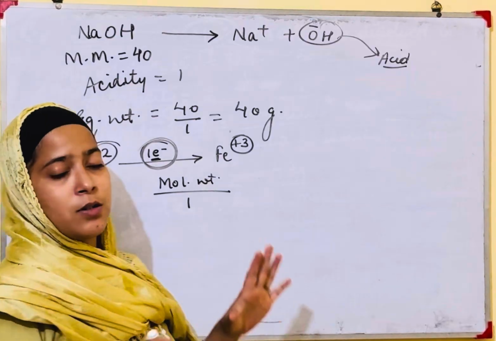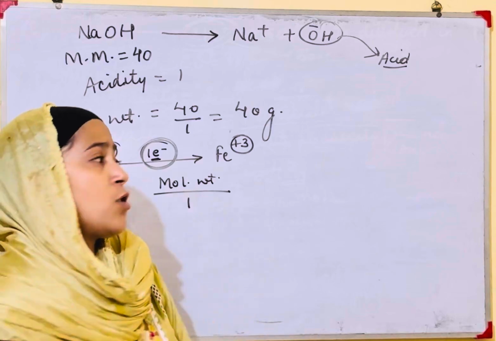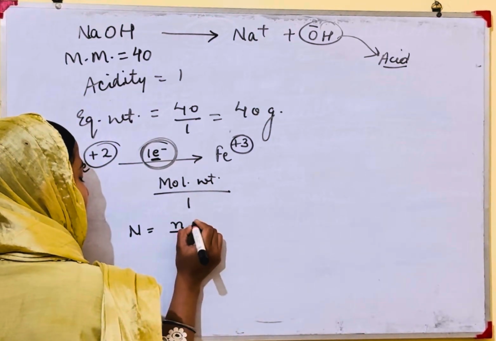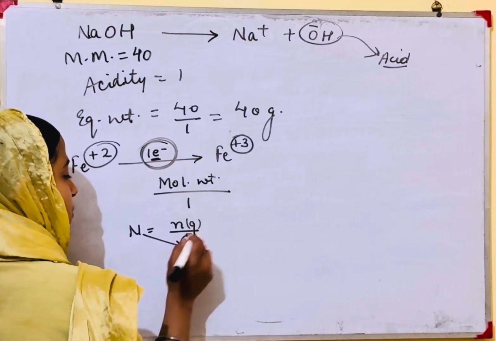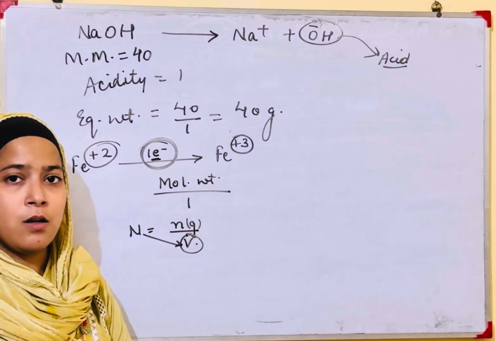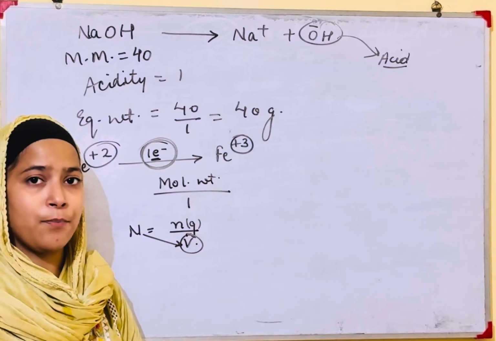So this is the way to calculate the equivalent weight. As normality is number of gram equivalents divided by volume, it depends on volume, so it also depends on the temperature. So this is also a temperature dependent quantity.